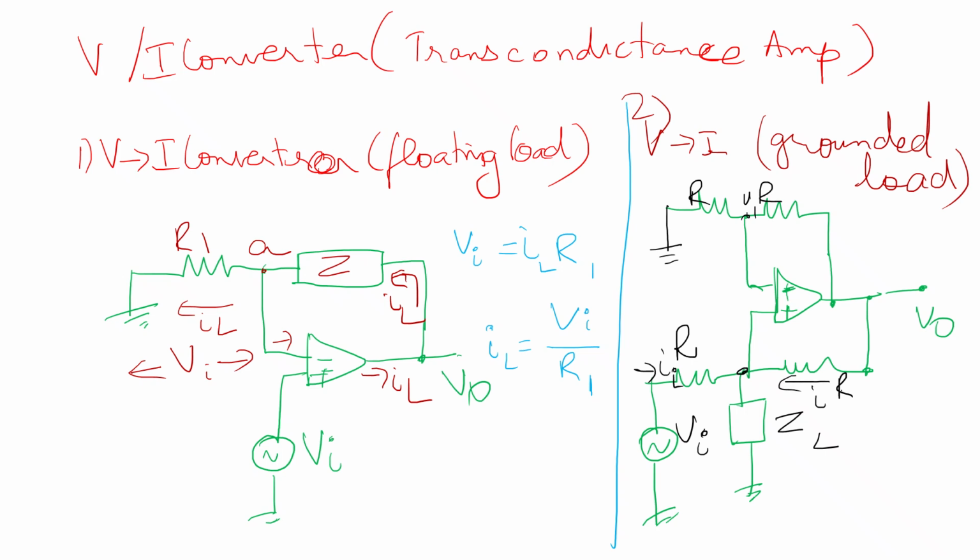Because of this, some current I2 flows in the circuit. It's a grounded load, so IL will be equal to VI divided by R. Thus, the operational amplifier is acting as a voltage to current converter using floating load and grounded load.